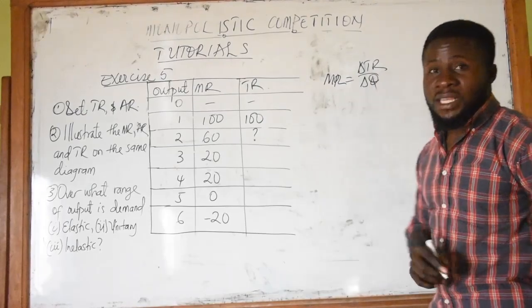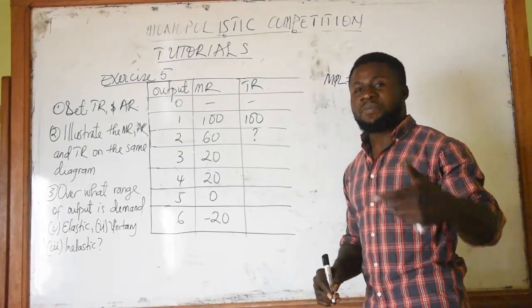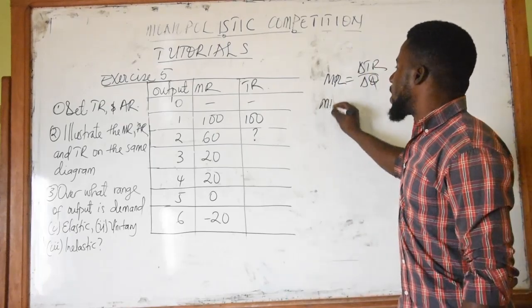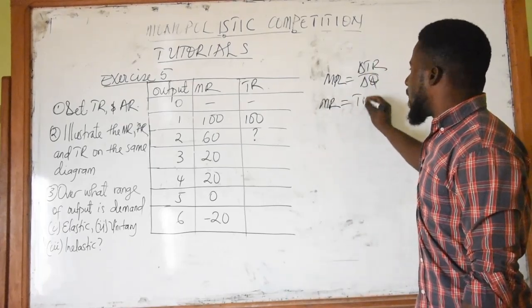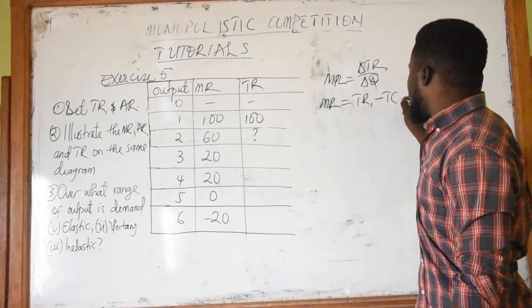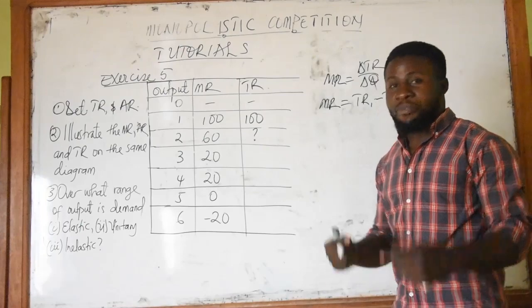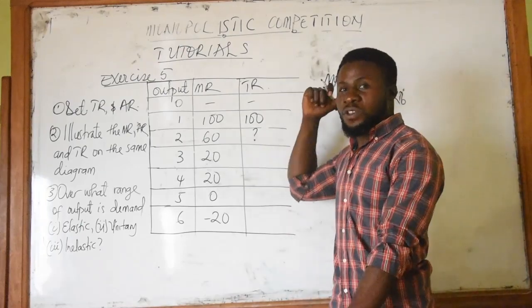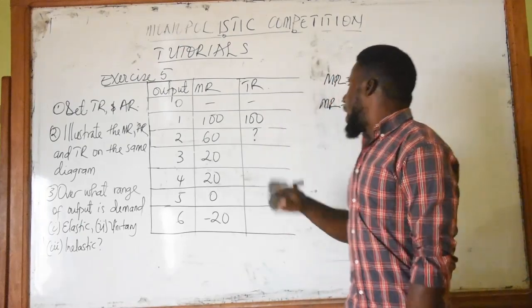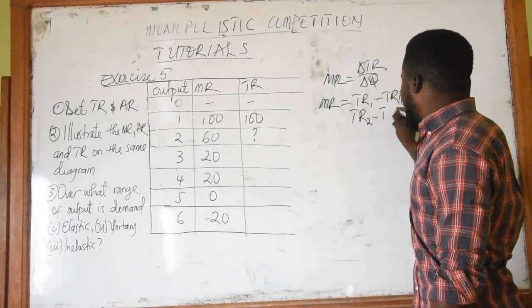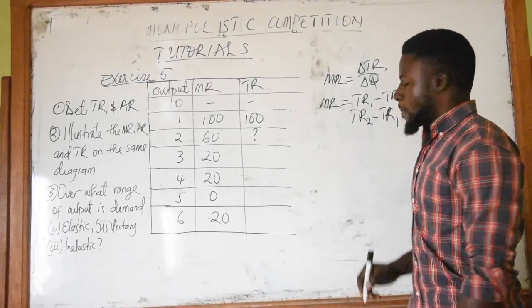But whenever output is changing by consistent values of 1, we can also calculate marginal revenue as the present total revenue minus the previous total revenue. That is total revenue 1 minus total revenue 0, then total revenue 2 minus total revenue 1.